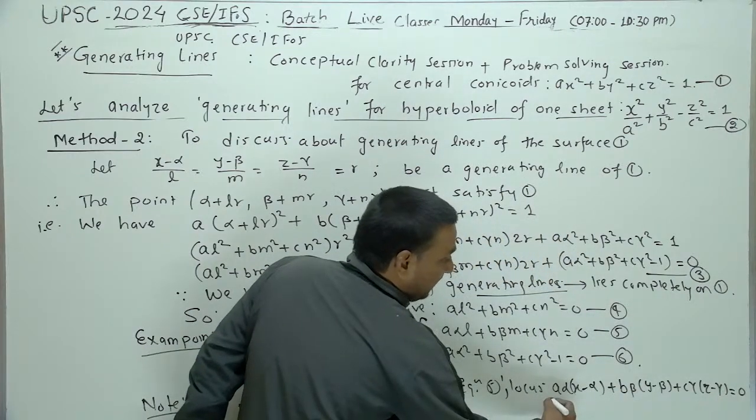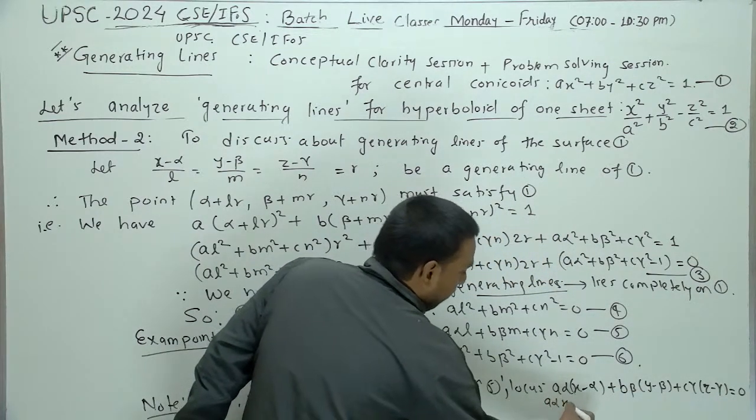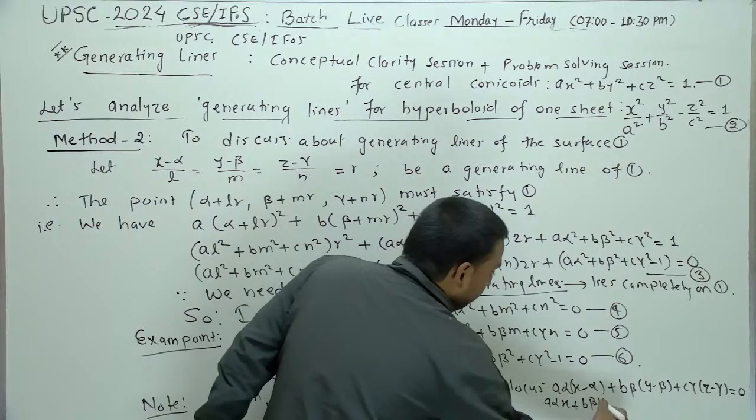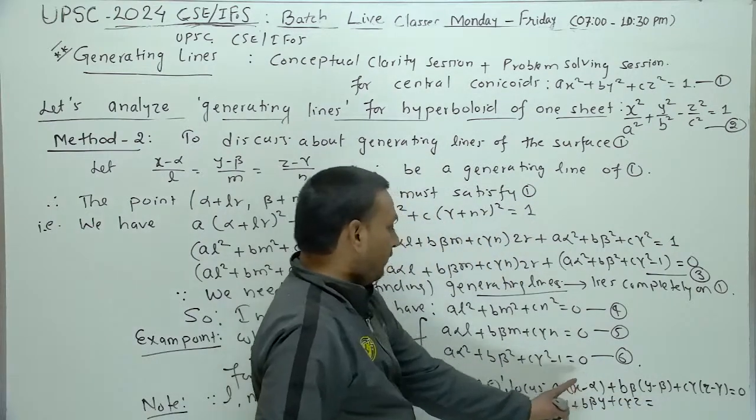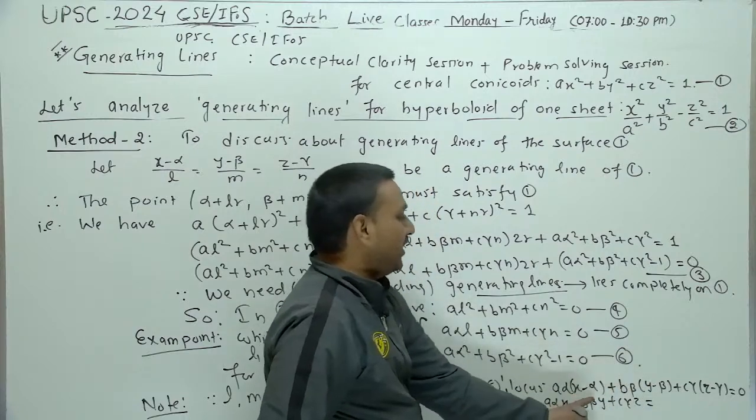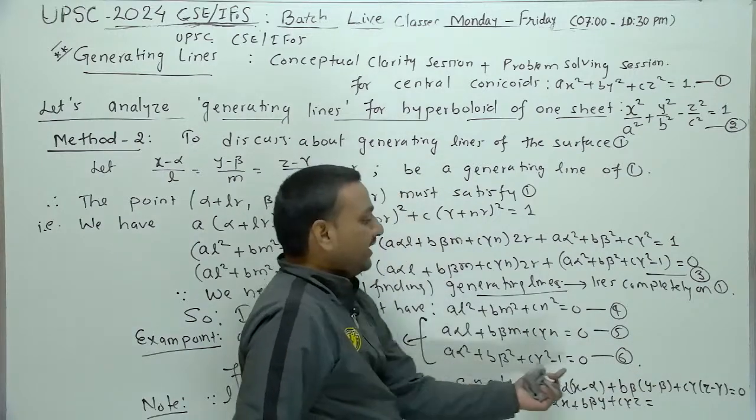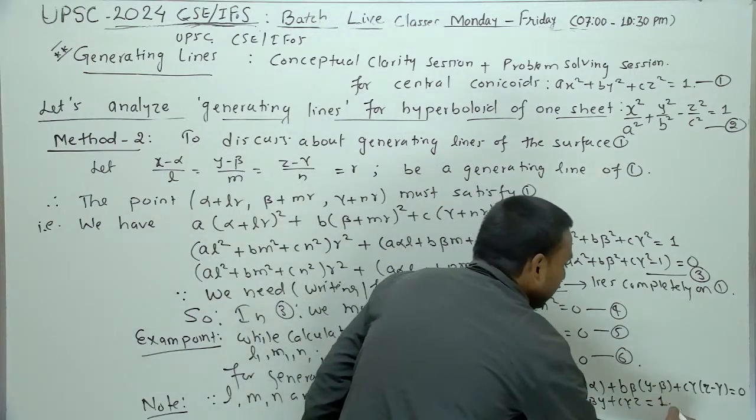This already we had discussed. a alpha x plus b beta y plus c gamma z equals a alpha square plus b beta square plus c gamma square, and that is giving you 1.